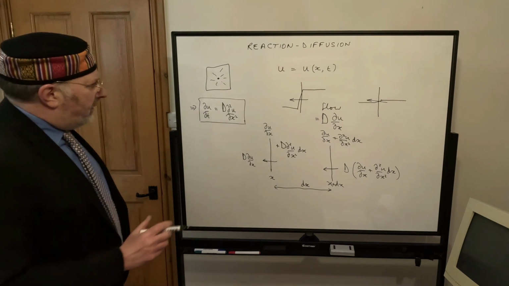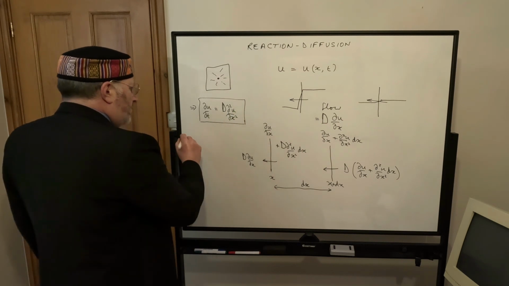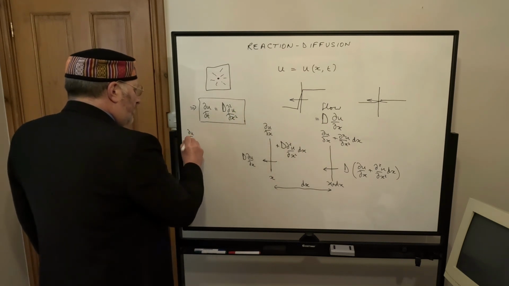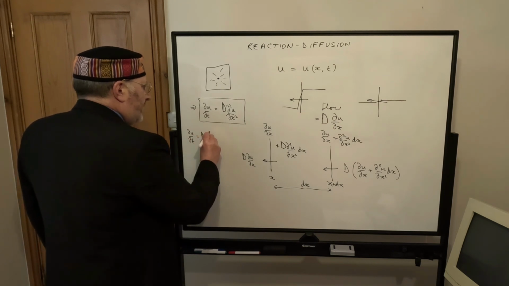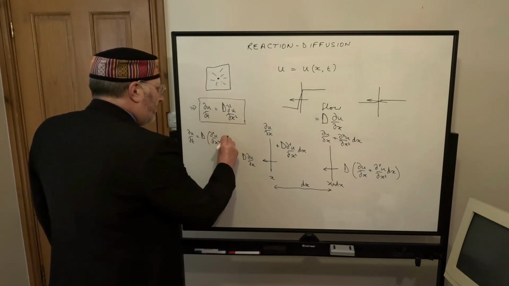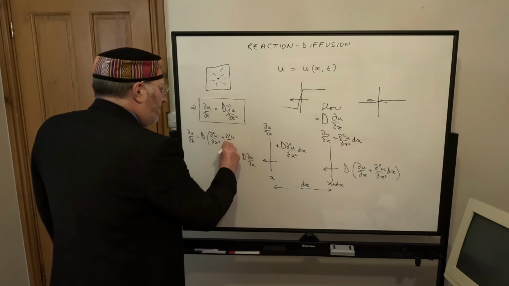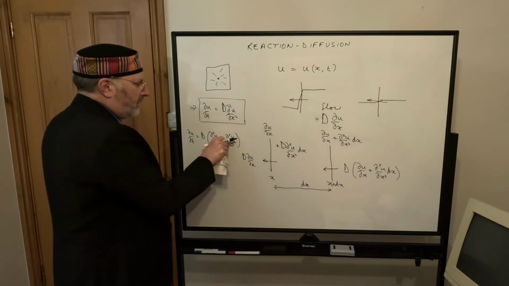And we can then have this same thing in 2 dimensions, and it looks like d into d2u by dx squared plus d2u by dy squared, if x and y are the dimensions.